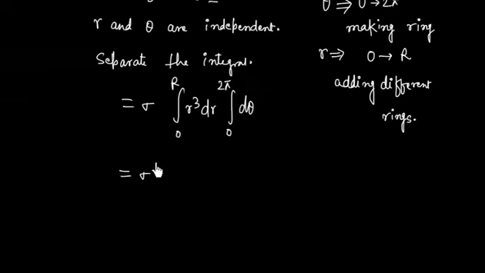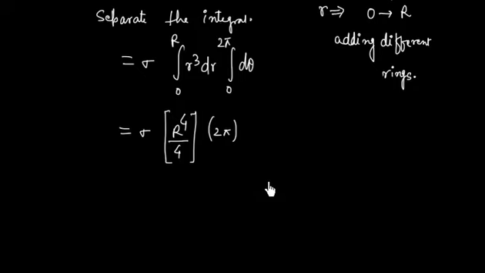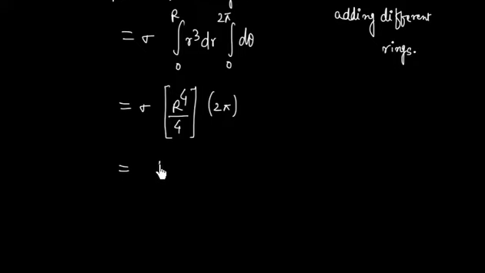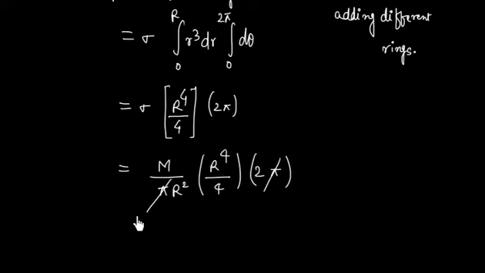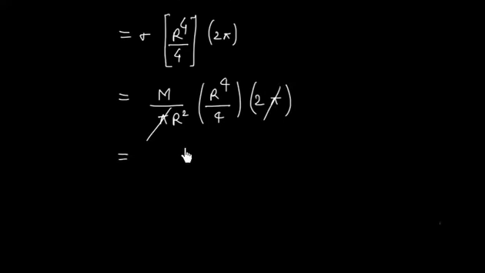So now this integral will be R to the power 4 by 4, and this is 2 pi. Now we can place the value of sigma. Sigma is m by pi R square, times R to the power 4 by 4 into 2 pi. Pi cancels, R square also cancels.